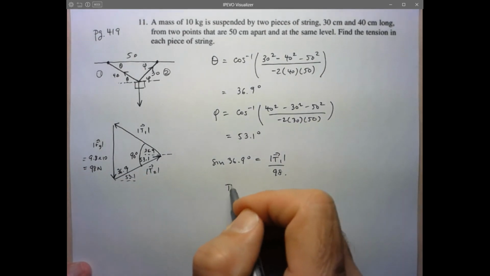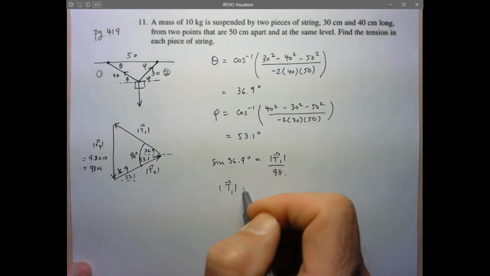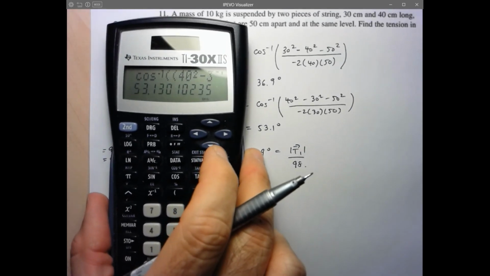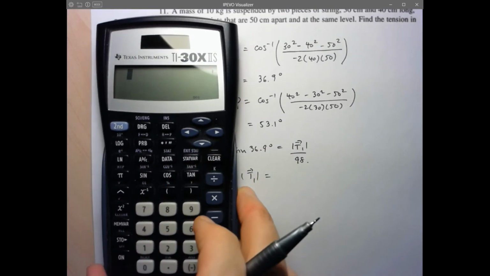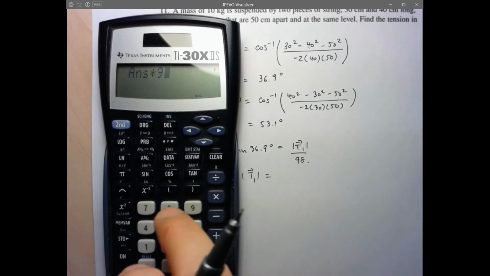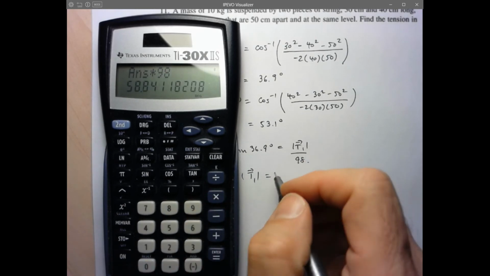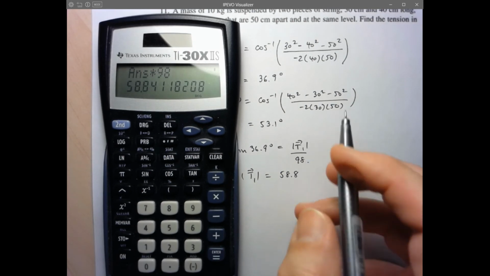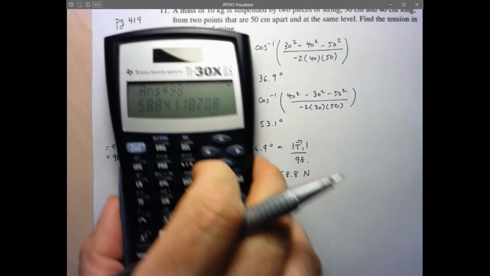Okay, so magnitude of T1, which is one of the things I'm looking for, the tension in the string. So let's calculate that. It's sine of 36.9 times 98. Okay, and that's 58.8. And since it's the magnitude of force, it's going to be in newtons.